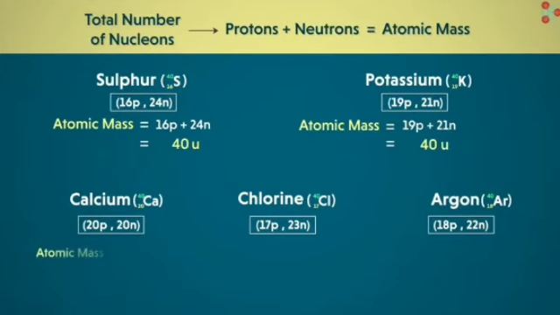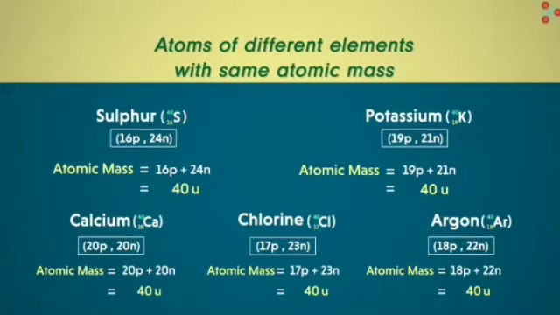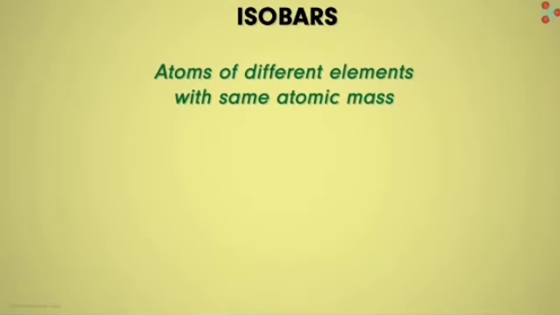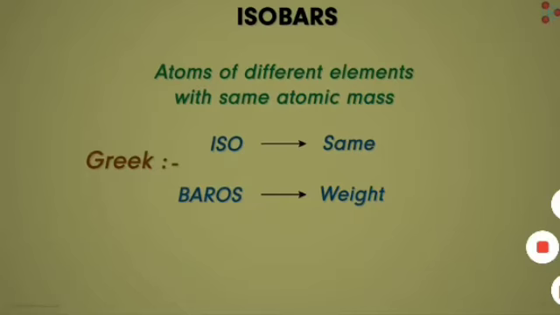You can see atomic mass is 40 in sulfur and potassium, and in calcium, chlorine and argon it is 40 also. So atoms of different elements with the same atomic mass are called isobars. It's a Greek word, where iso means same and baros means weight. I think you have understood the atomic number, mass number, isotopes and isobars along with the atomic mass.